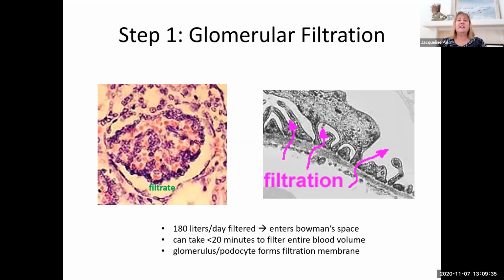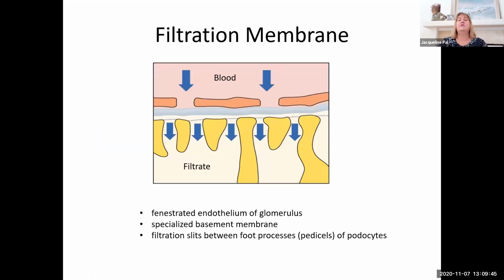And so filtration has to occur where you see these purple arrows across a couple of structures forming a filtration membrane. So what we have on one side is a blood vessel, the glomerulus, which has an endothelium, which in this case is fenestrated. It has these spaces in it. And underneath that, we have a specialized but complete basement membrane.